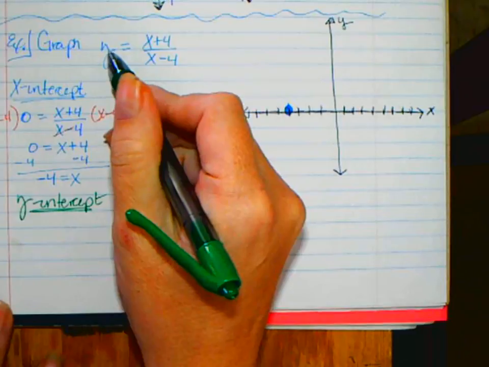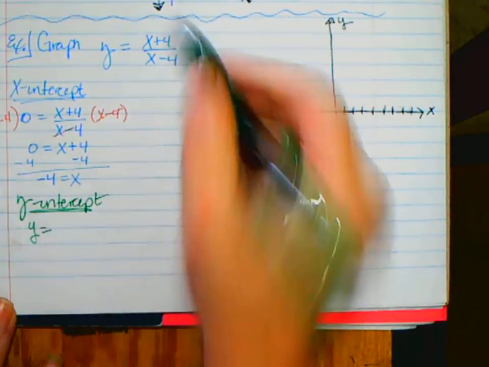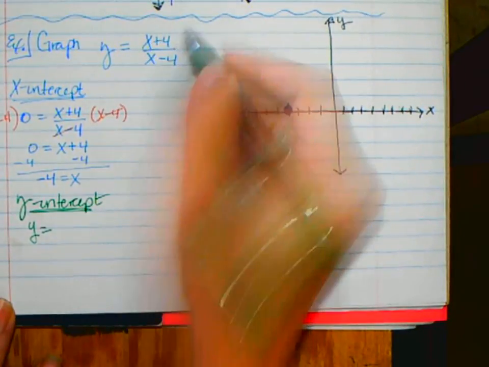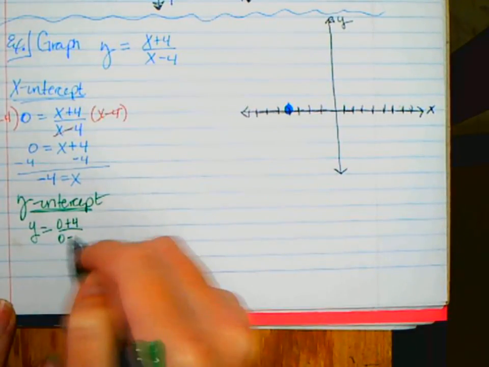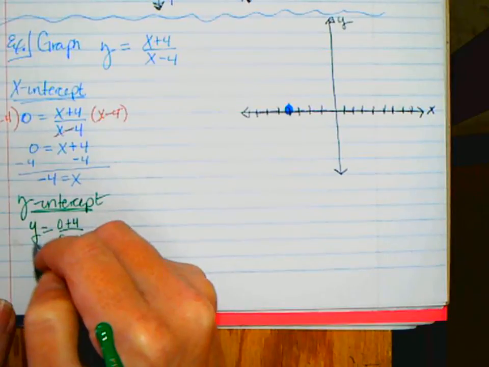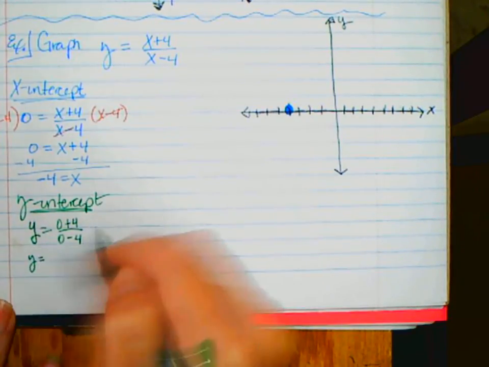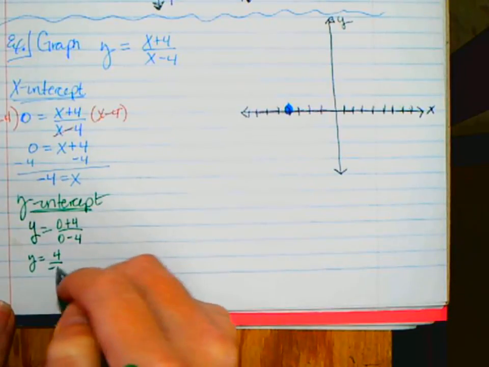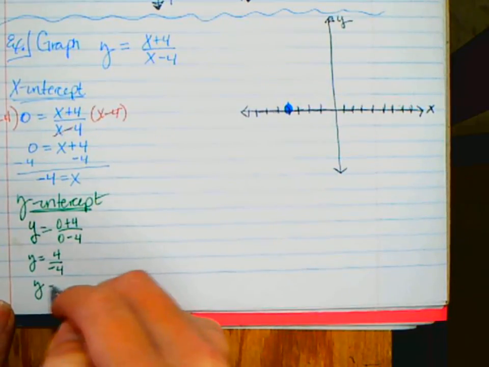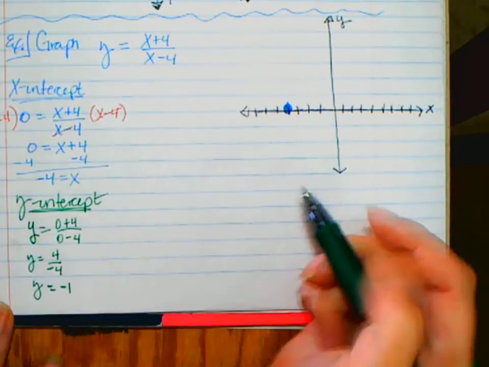So I'll have y equals, wherever I see an x, I'll plug in a 0. So 0 plus 4 divided by 0 minus 4. So that is 0 plus 4 is positive 4, 0 minus 4 is negative 4. Y equals negative 1.